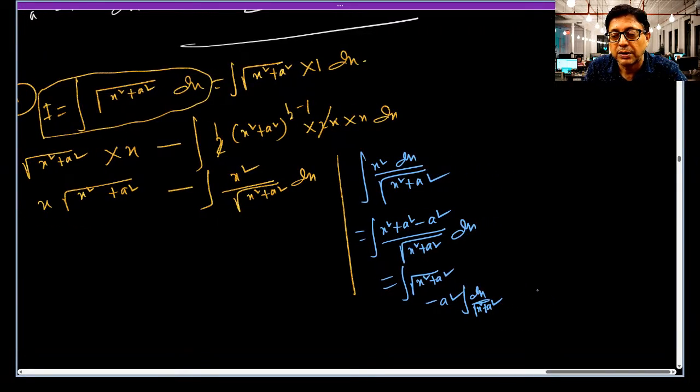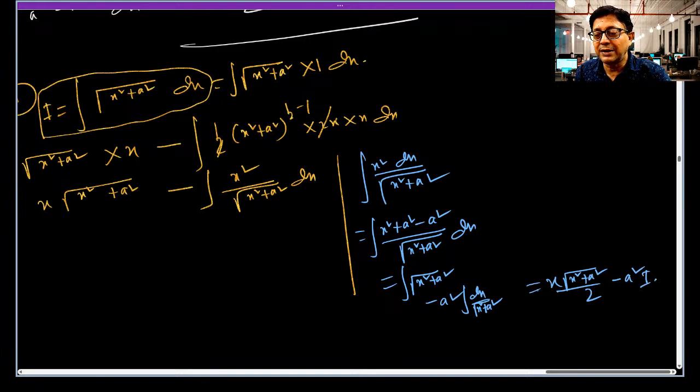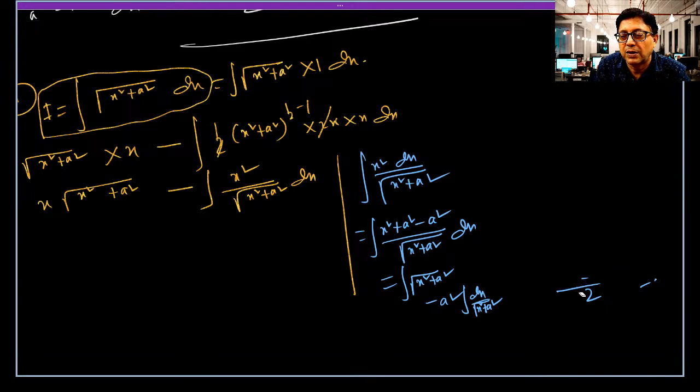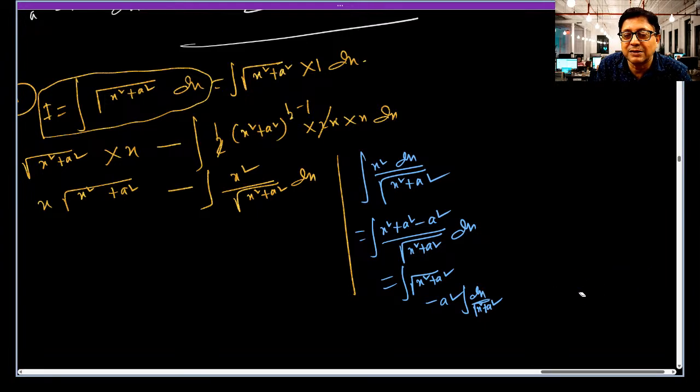Alright? So the answer will be x root x square plus a square minus a square into I. Please check. Check once, except the last step.